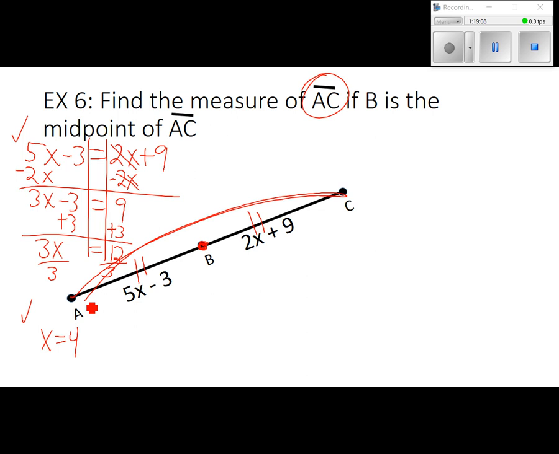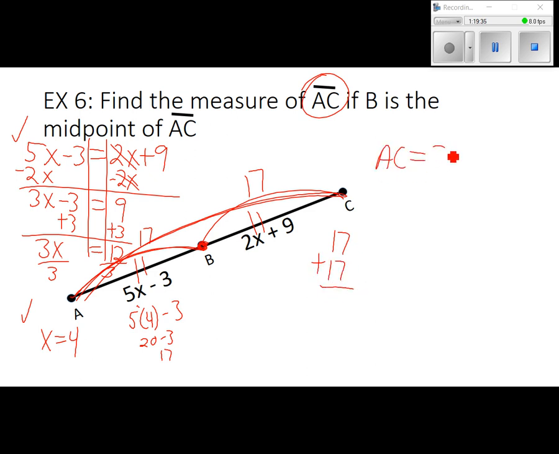I'm going to pick this one right here to plug into because it's 5 times 4, and I know my multiples of 5 pretty well. 5 times 4 is 20. 20 minus 3 is 17. But 17 is not our answer this time. That's this part. If this part's 17, then this part over here also has to be 17. So I just have to add those together. 17 plus 17, and I get that segment AC, the whole thing, is 34 units.